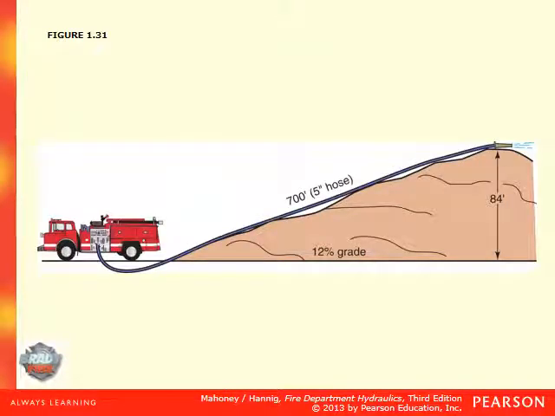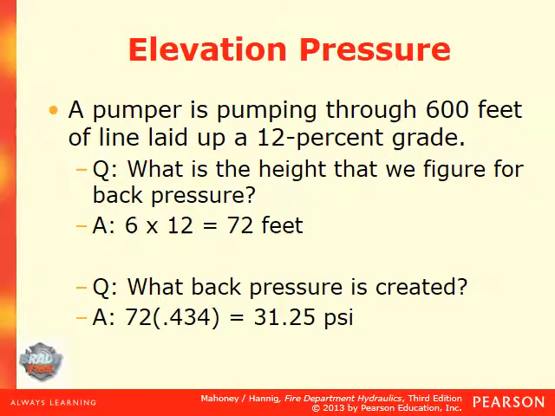Okay, so here's your question. You have a fire truck pumping up a 12% grade, 700 feet of hose. How many feet high is it? And it actually shows you 84. So that's basically figured out by saying, and this slide's wrong because this actually should be 700 feet, 700 feet of line laid up at 12% grade.